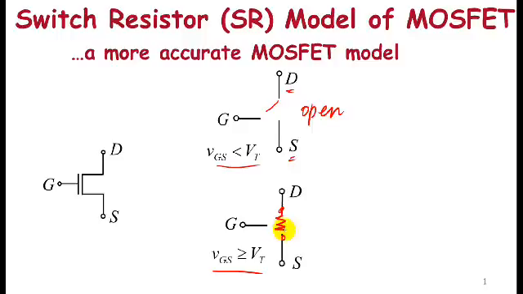Rather, there is some finite resistance between the drain and the source, and we call that R on. So the MOSFET turns on, but even though it's in its on state, there is some resistance between the drain and the source, and it's not completely an ideal switch. For example, R on might be on the order of 5 kilo ohms.